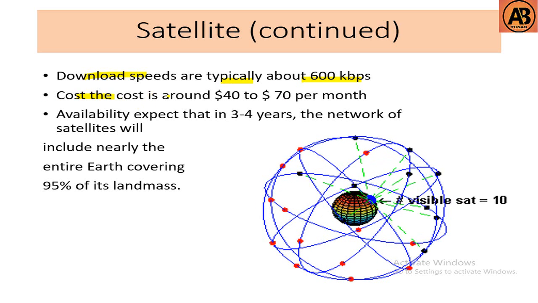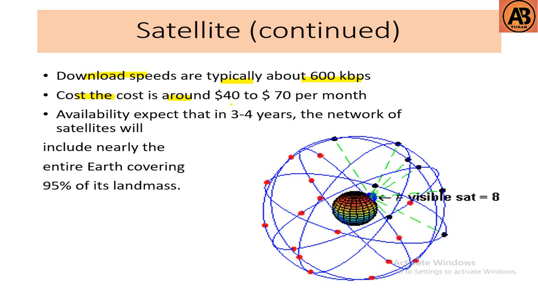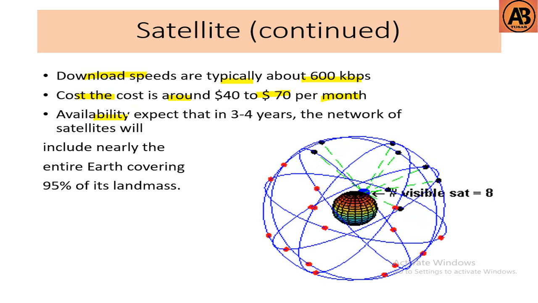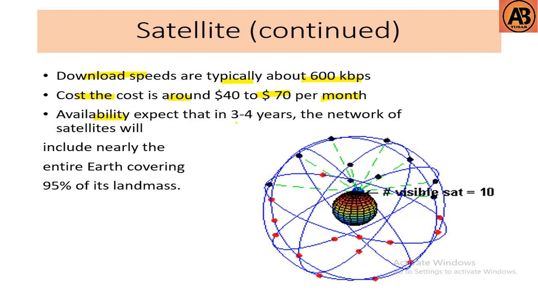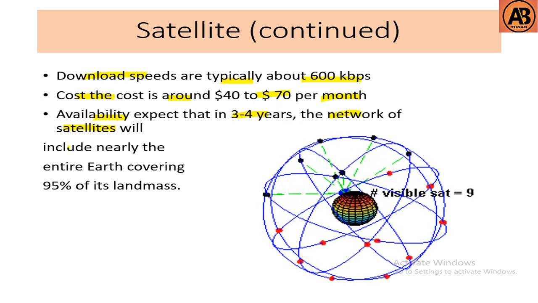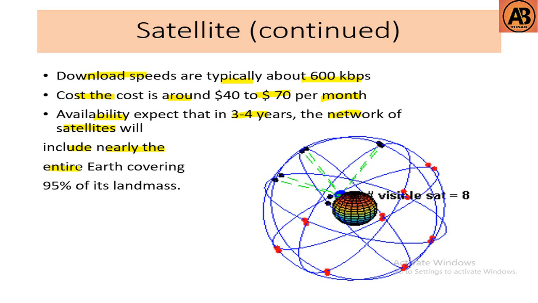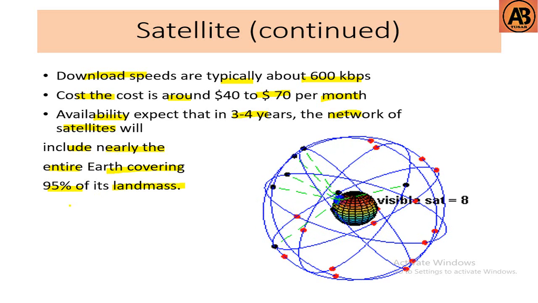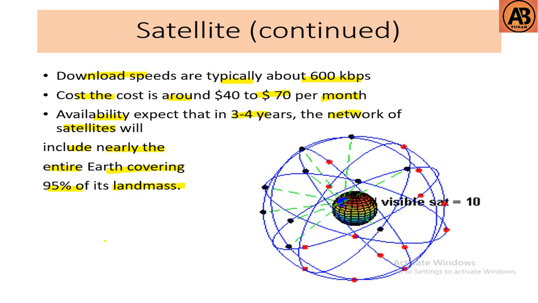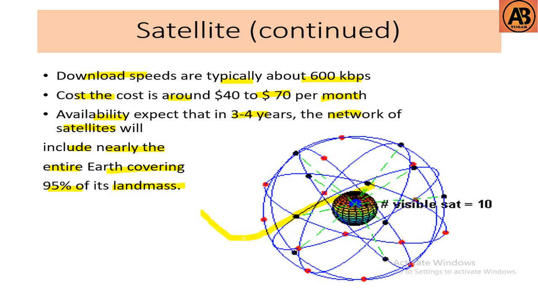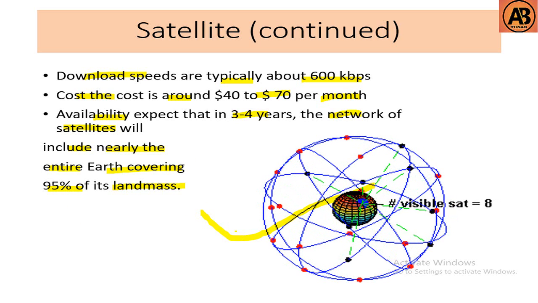The cost is around $40 to $70 per month. Availability, expect that in 3 to 4 years the network of satellites will include nearly the entire Earth, covering 95% of its landmass. So this is a picture of satellite. Here we can see how satellite works.